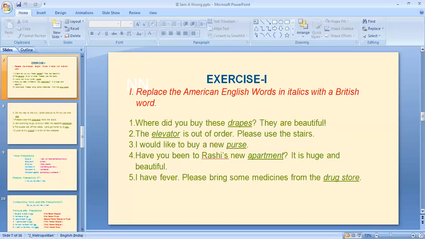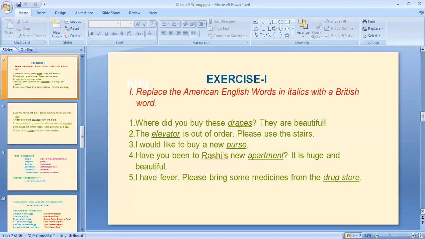In each sentence, one word is given in italics and also underlined. That word is an American English word, and it has its counterpart with the same meaning, another word in British English.